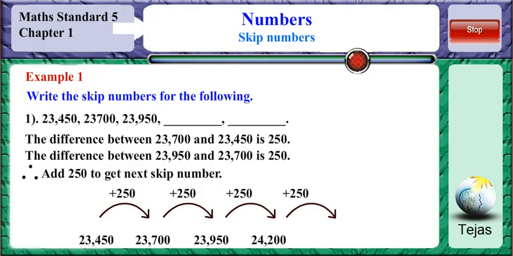Adding another 250 to it, we go to 24,450. So, the next two skip numbers are 24,200 and 24,450.